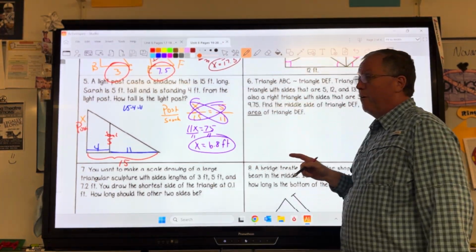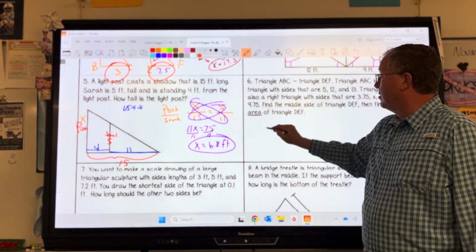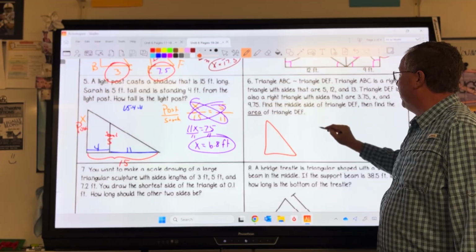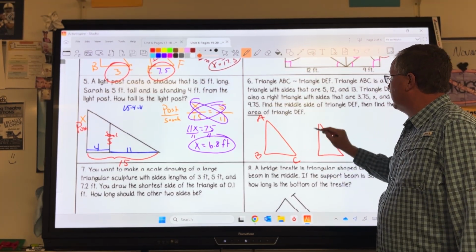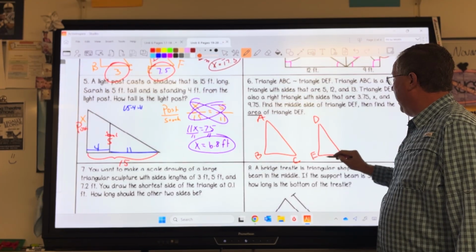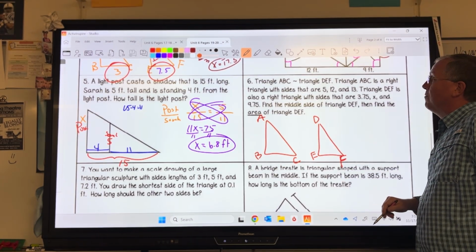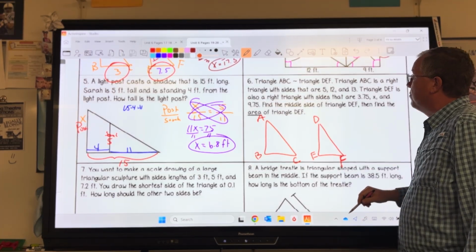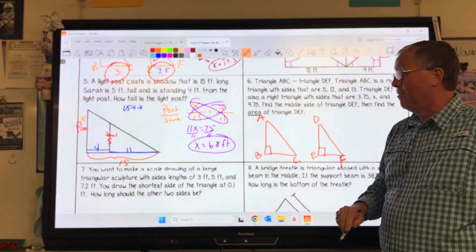No picture, so we're going to make sure we read till we come to a period. They're similar triangles, so I'm going to make myself a triangle ABC and a triangle DEF. Triangle ABC is a right triangle with sides that are 5, 12, and 13. This time they told us it's a right triangle, so these are both right triangles.